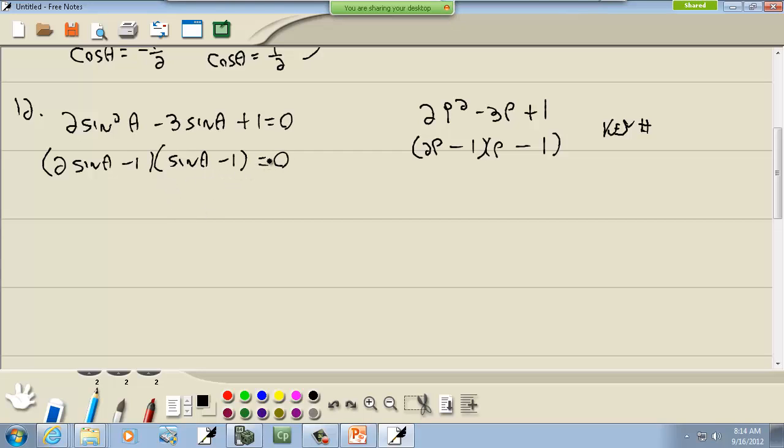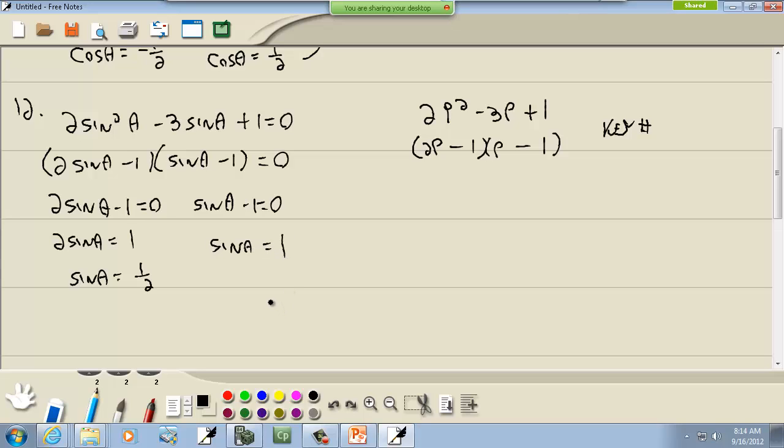Okay, zero factor property. You get 0 one side, you factor the other side, you set each factor equal to 0. So we'll set 2 sine theta minus 1 equal to 0, and sine theta minus 1 equal to 0. Solve this one for sine, so we'll take the negative 1 over, becomes a positive 1. Divide both sides by 2. And this one we'll take the negative 1 over, becomes a positive 1.